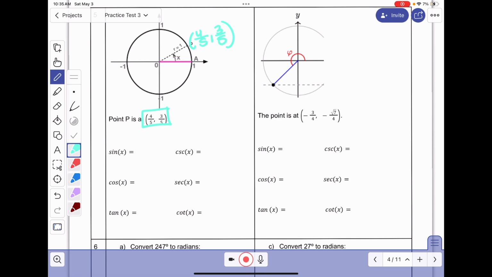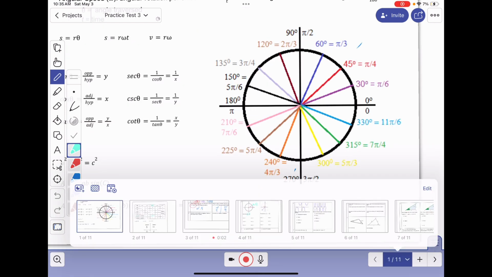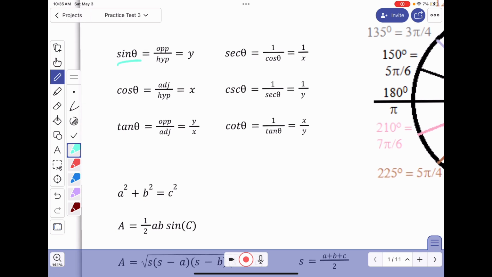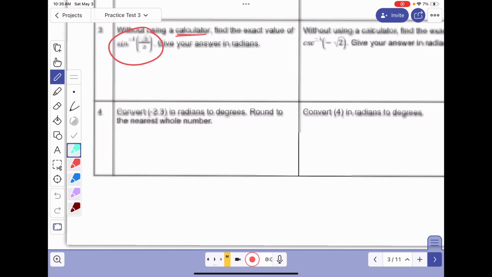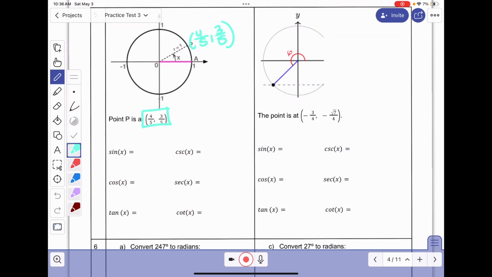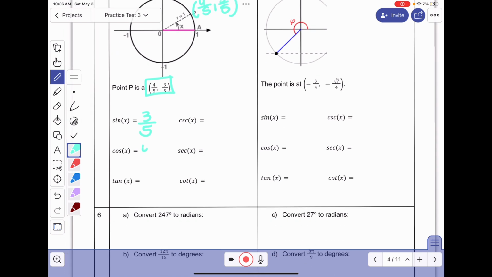So sine, based on the rules we learned, also on our note sheet here, just in case you forget, sine is y. So sine is just going to be the y coordinate, 3/5. Cosine is the x coordinate, 4/5. Tangent is y over x, so 3/5 over 4/5.